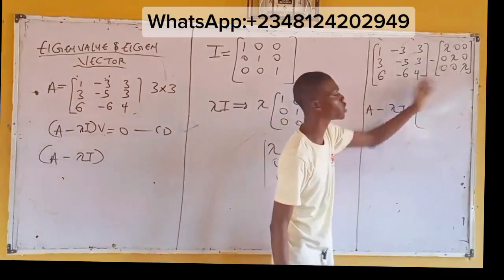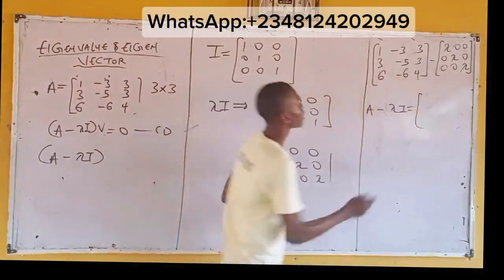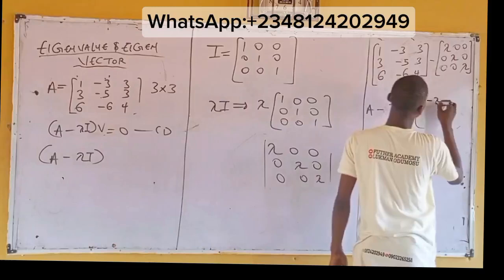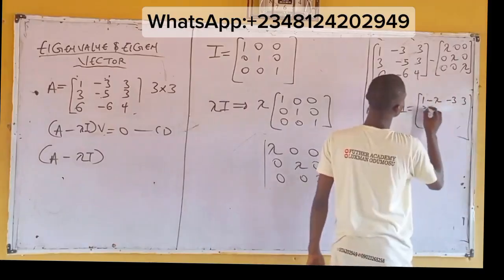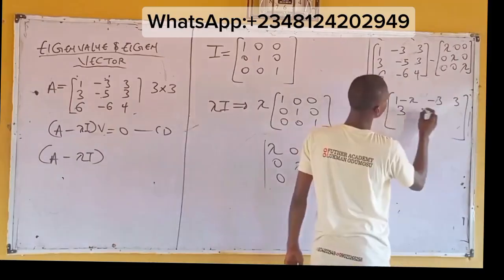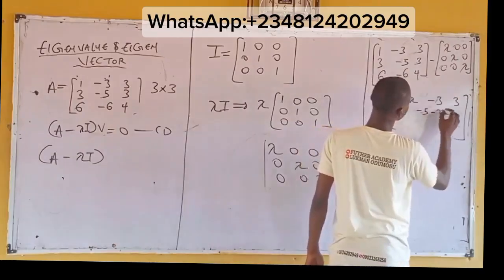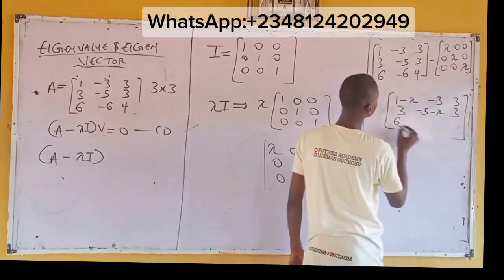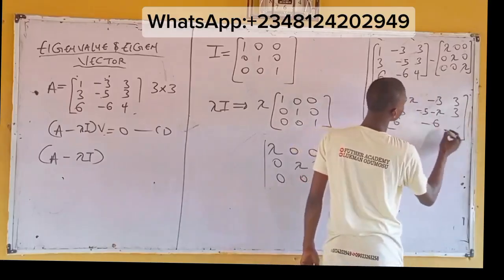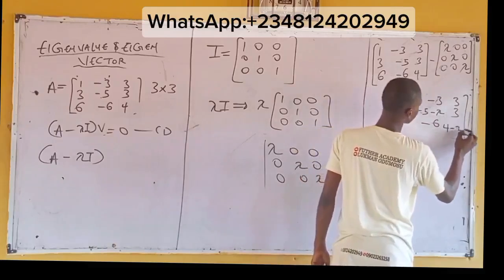Now subtract. What do you have? 1 minus lambda, minus 3, 3, 3, negative 5 minus lambda, right? Continue. What do you have? 3, 6, minus 6, 4 minus lambda.